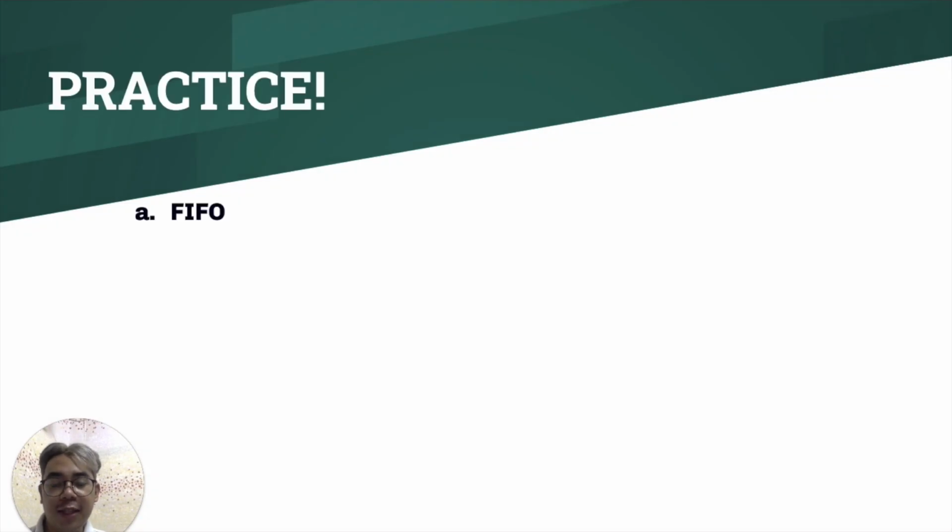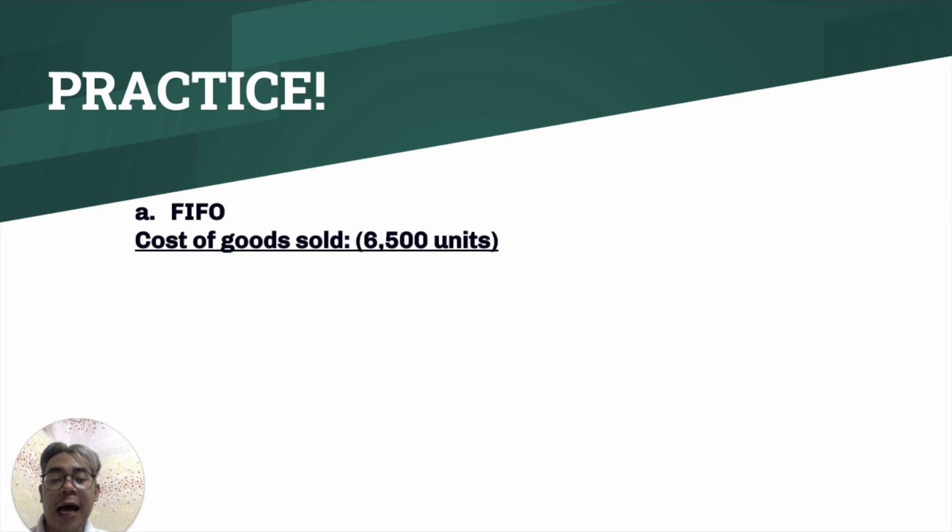So for first in, first out, for the cost of goods sold, take note na kapag 1,200 yung natira, then yung nabenta natin is 6,500. The first one that we sold ay 2,500 units, tapos yung pangalawa, 4,000 units. So pag FIFO, ang mga unang nabenta ay yung mga galing sa mga unang nabili.